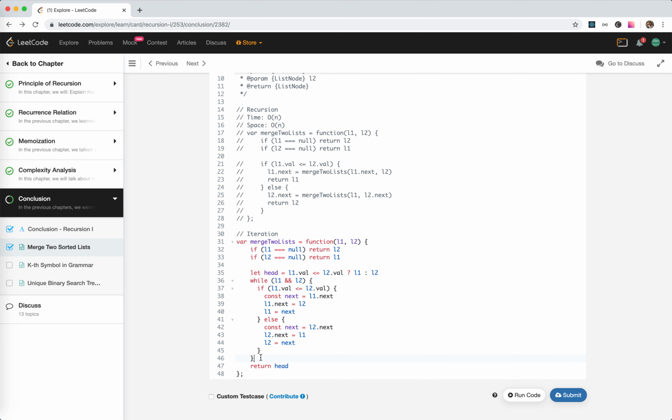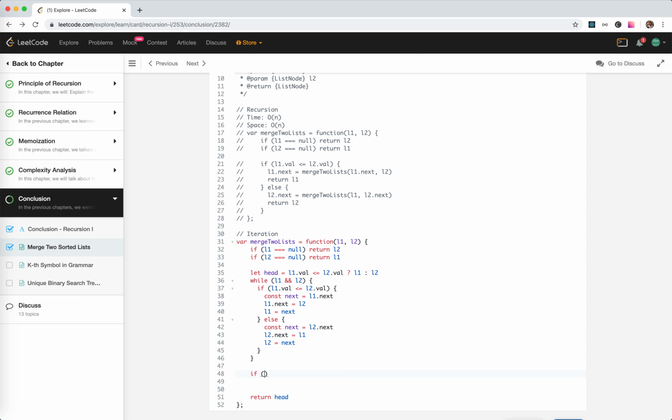So finally, one of them will end, and there will be some linked list left at the end.